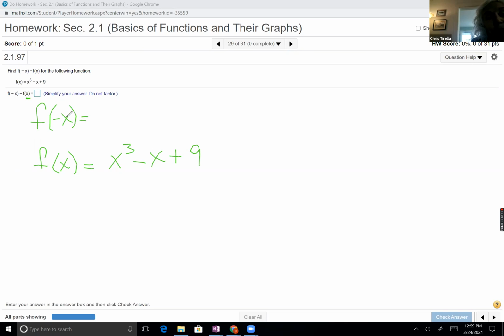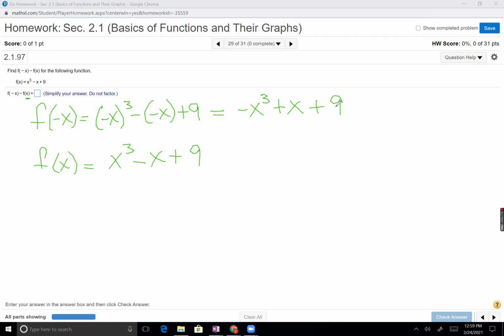And for f of negative x, where there's an x, we're going to put in negative x. And when we simplify that, we get negative x cubed plus x plus 9. So far, so good.